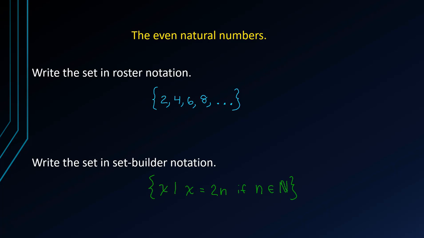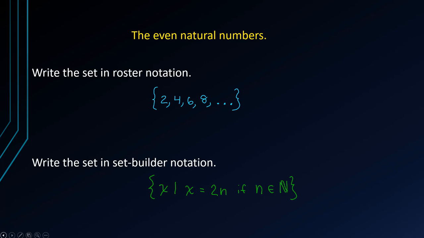So I'm going to say that x is a number such that x equals 2n, where n is a natural number. If n starts with the natural number 1, 2 times 1 is 2. If n is 2, 2 times 2 is 4, and so forth and so on. So that would generate every possible even natural number. And oftentimes you do see the representation of 2n taking the place of even natural numbers and sometimes even integers.